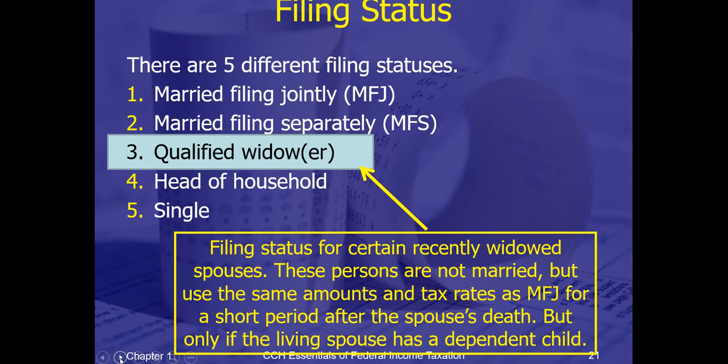In the year that they die, you are still married filing jointly, but only if you have a dependent child could you continue to be a qualified widower, which is basically the same as the married filing jointly for 2 years after the year that your spouse dies.